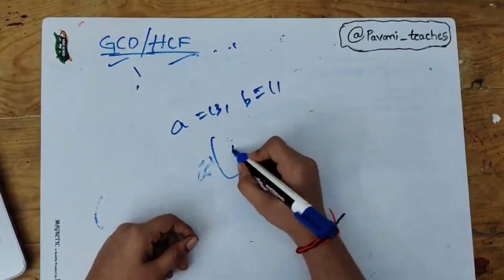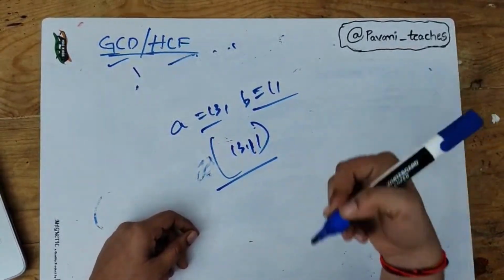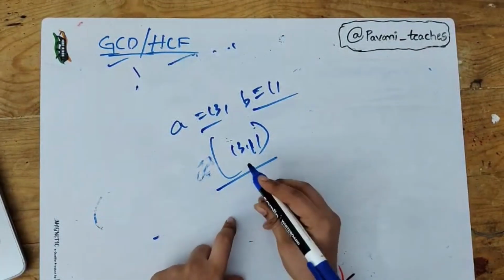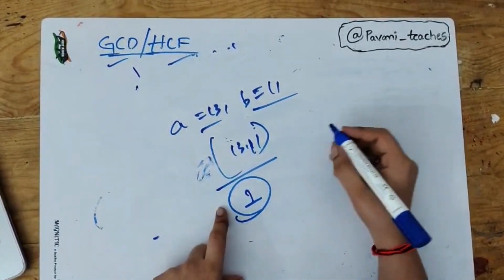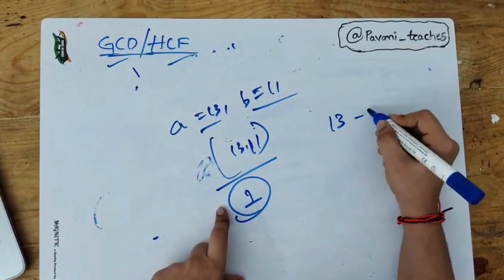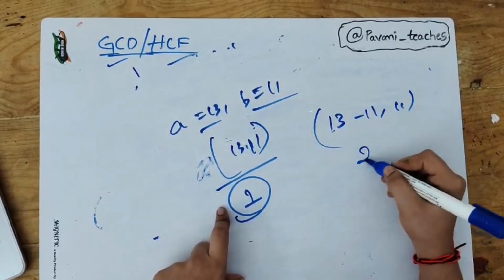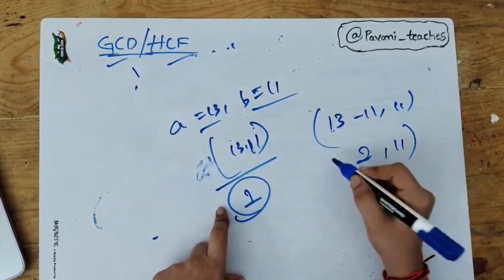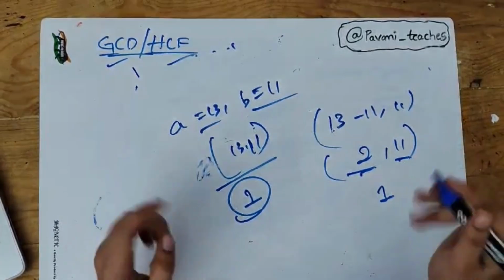GCD of 13 comma 11, as these two are prime numbers, the greatest common factor is 1. What is the value of 13 minus 11 and 11? It's 2 comma 11. What will be the common factor? It is 1. Yeah, it works.